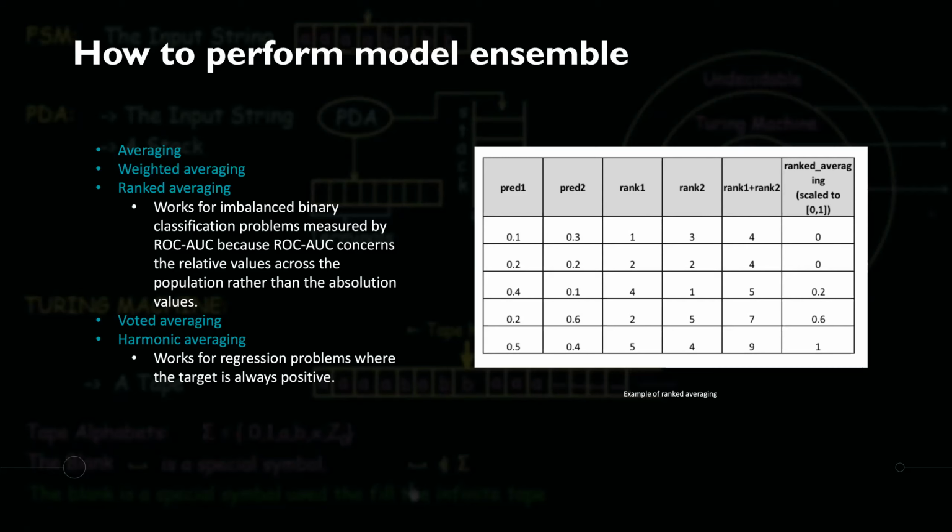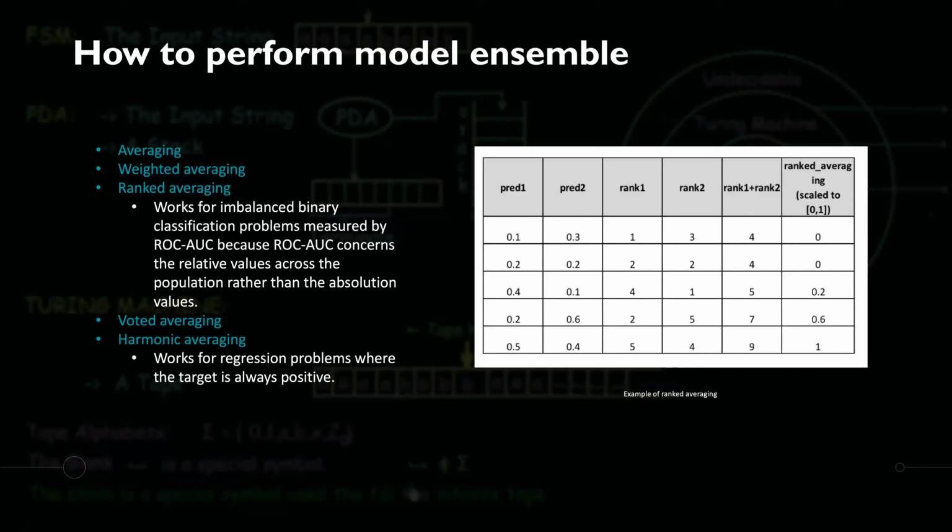The last one is harmonic averaging. I'm seeing it being used for regression problems where the target value is always positive. In that case, harmonic averaging works better than simple averaging in some cases. But essentially, those are just some simple ideas.